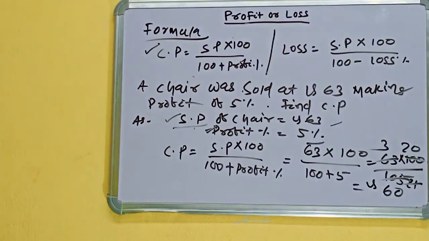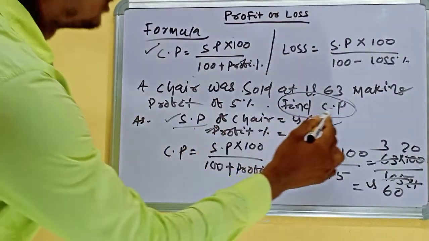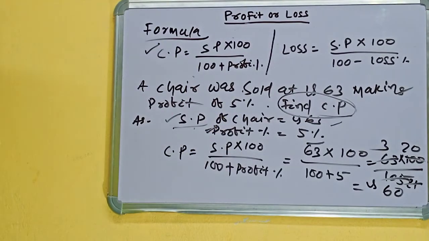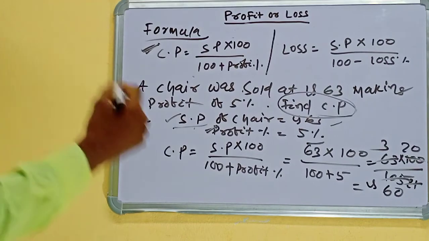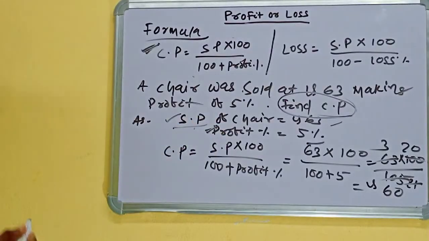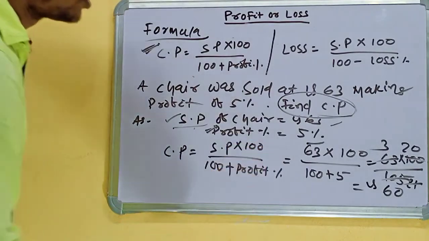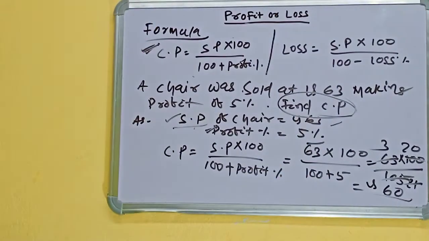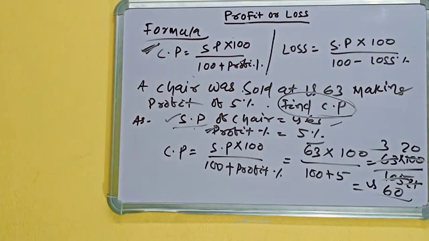In such a case, how do we find the CP, that is the cost price of the chair? Through this formula, CP is equal to SP into 100 divided by 100 plus profit percentage, which is 63 into 100 divided by 100 plus 5, equal to rupees 60. Then here the CP of the chair is rupees 60.